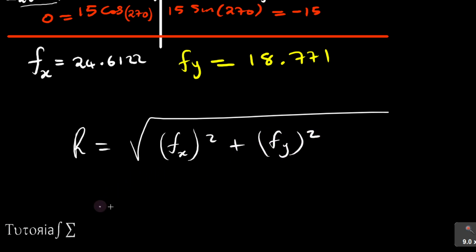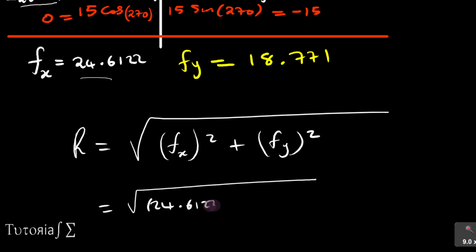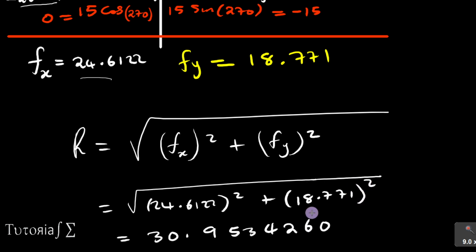So we put the root of 24.6122 squared plus 18.771 squared. Then we simplify. So we square this, we add them, then find the square root.